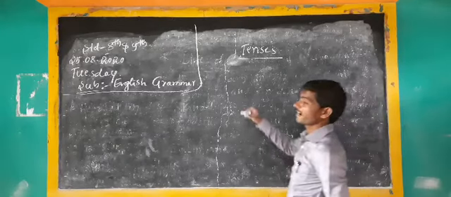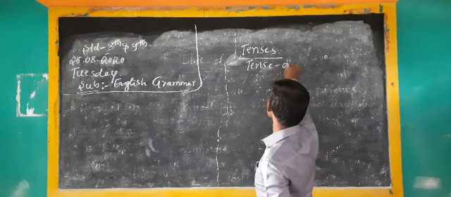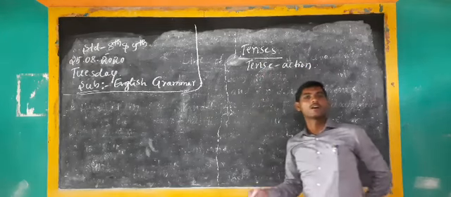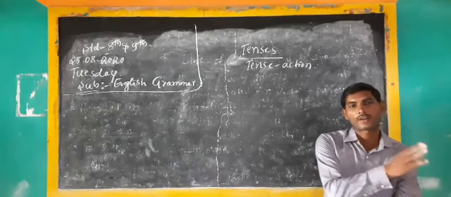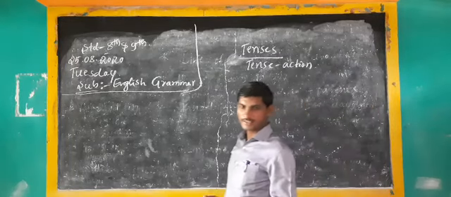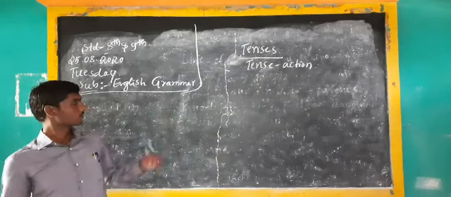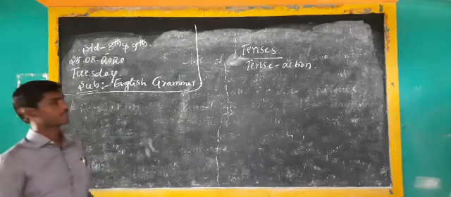Tense means what? Action. A particular person showing his action in the present or past or in future. Those actions are considered as tense. So, English has three kinds of tenses.